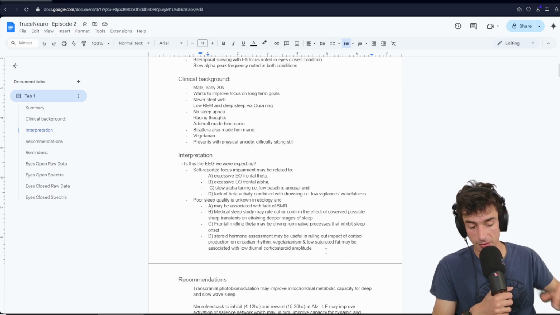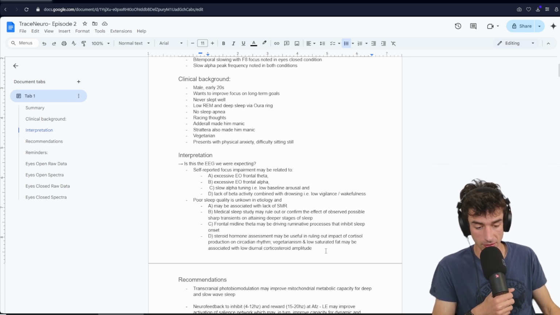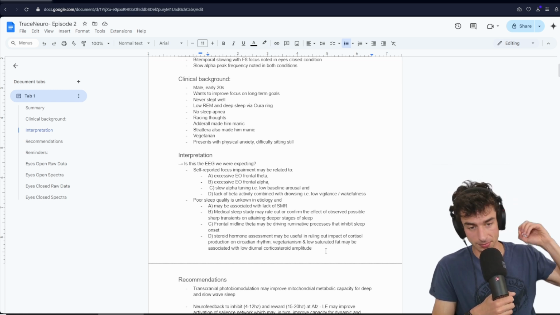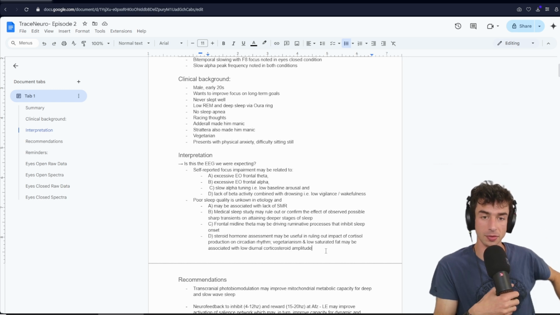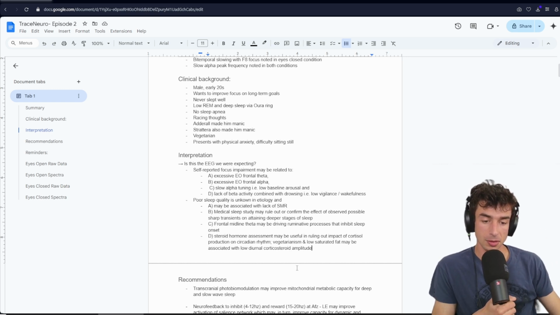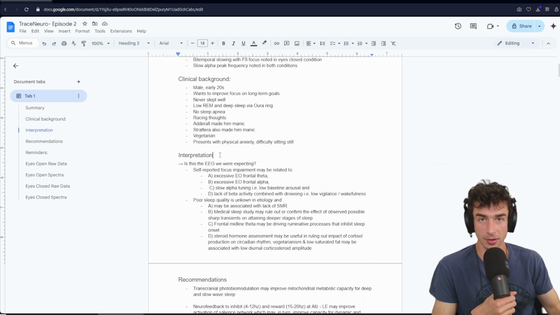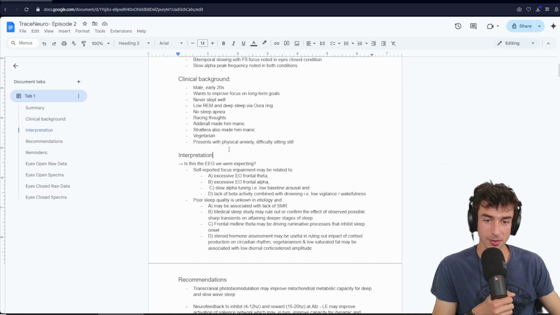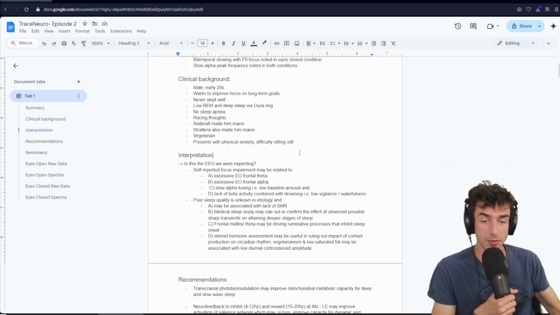If there's not a lot of amplitude to these different steroid hormones, it can be hard to get that pulse in the morning and then get that kind of trough in the evening. So that's sort of my interpretation here, my attempt at making sense of a case that on some level makes sense, and on another level I'm wanting more information about.